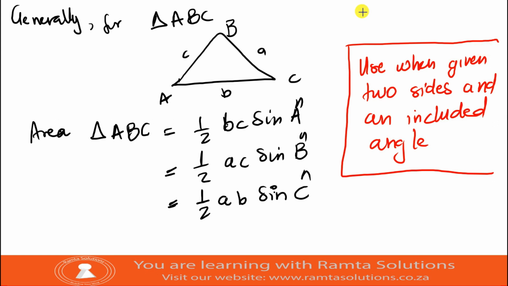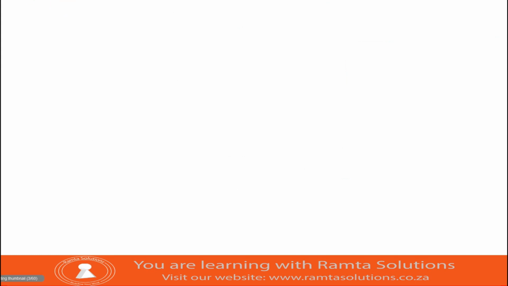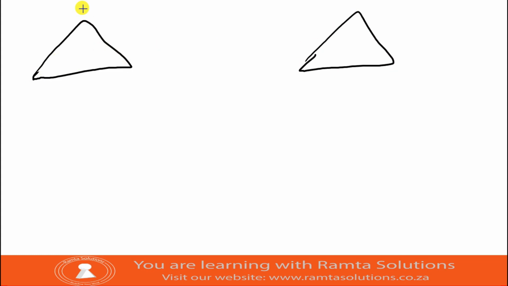What do I mean by that? I'm gonna go to the next page. I'm gonna draw the triangle again, and then I'm gonna draw one here. So we are given this one here, this one here, and this one here.